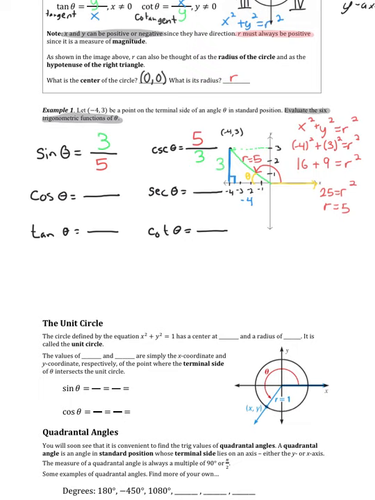Then I do the same with cosine. My adjacent side is negative 4, and my radius is 5. For secant, it'd be 5 over negative 4. And then the last one, tangent, opposite over adjacent, negative 3/4. And then cotangent would just be the reciprocal of that, negative 4/3.